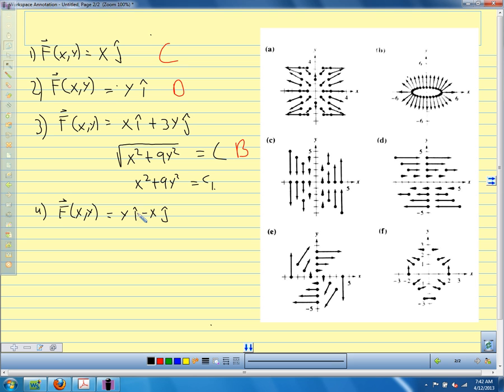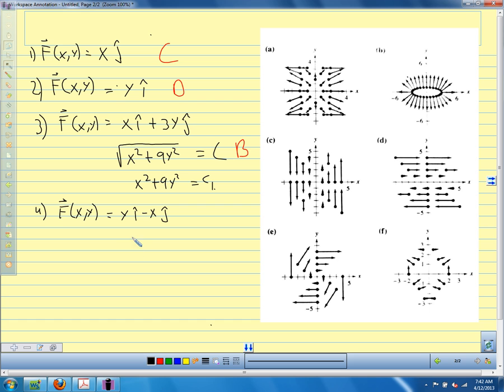So that would work. Another way you could do it is look at where the magnitude is constant. You could plug in values of x and y and see how it behaves, and that's fine. I think what Griff was saying is as y increases, the magnitude in the x direction increases. As x increases, the magnitude in the y direction is getting larger, negative.